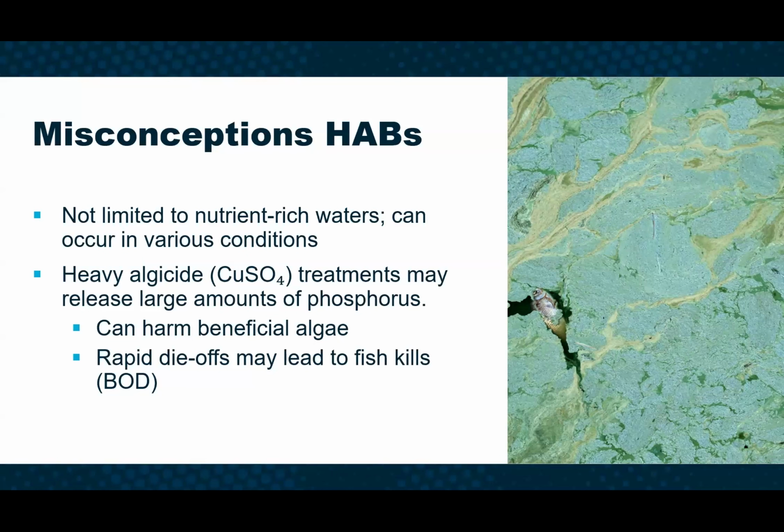Also, if we use algicide, we are going to be killing the beneficial algae, the ones that are not toxic, that are not cyanobacteria, and they are not going to have competition anymore.